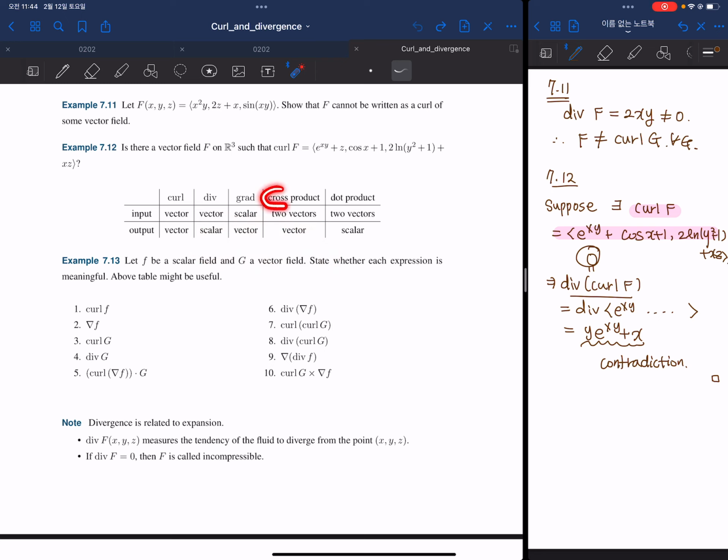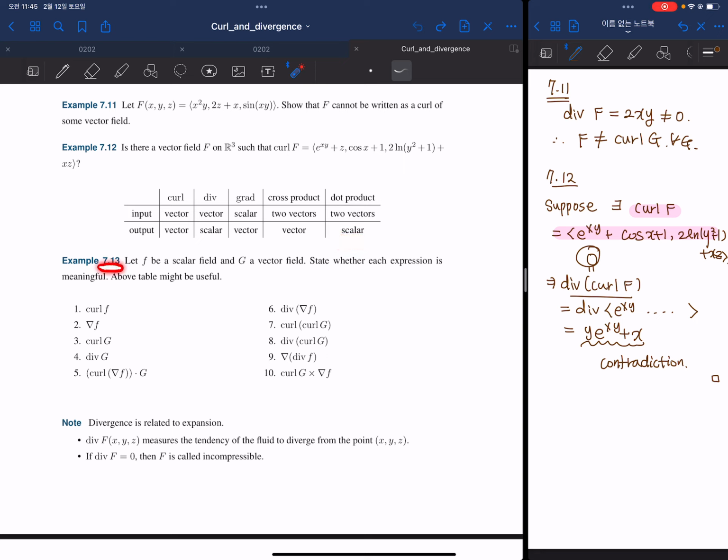And then we learned cross products. You take a cross product when there are two vectors, and then you will get a vector. After you do cross product, you will get a vector. And then dot products, the main difference is just the output. So that you take a dot product here, then you will get just a number, a scalar. Okay.